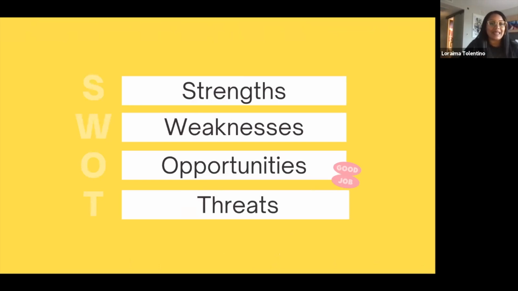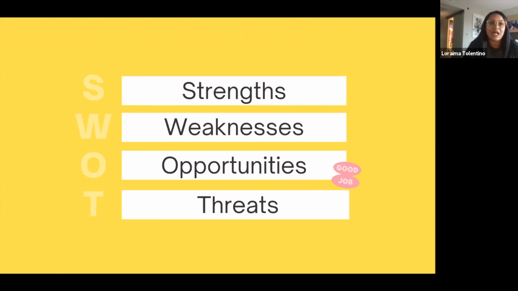Let's say that you have a business that sells tomatoes. You're going to want to make sure that you understand what the strengths of your business are, and then try to analyze what the weak spots are, what the spaces are that I still need to work on. And then let's think about the opportunities.